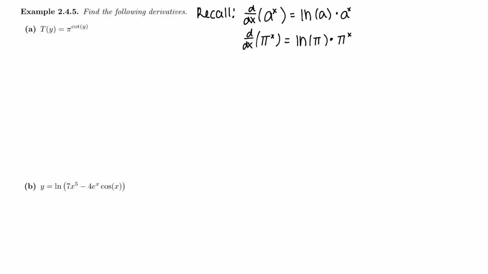So in that case, the derivative we're looking at is going to involve ln of pi times, we're really just replacing, for the outside derivative, the x with a blank. So times pi to the whatever times the derivative of whatever's in that exponent.